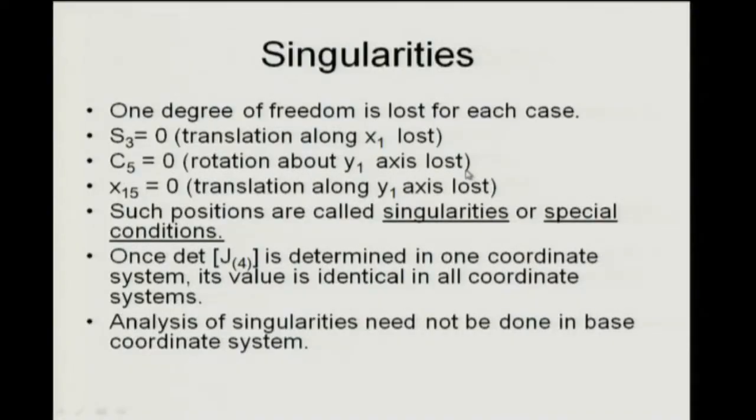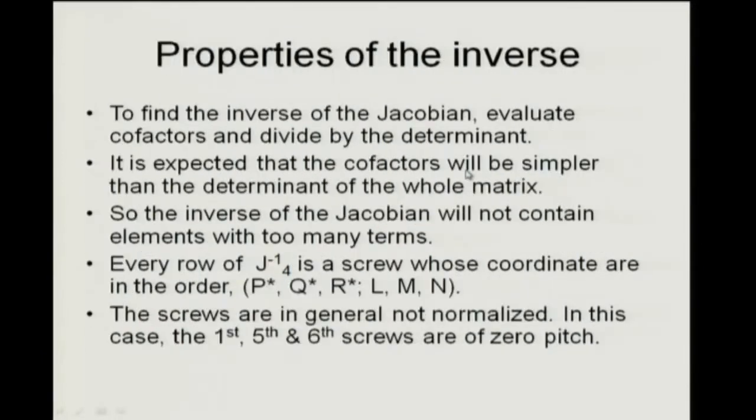So it does not matter, and we do not need to analyze the singularities about the base coordinate system. So to find the inverse, how do you find the inverse? We have to evaluate cofactors.